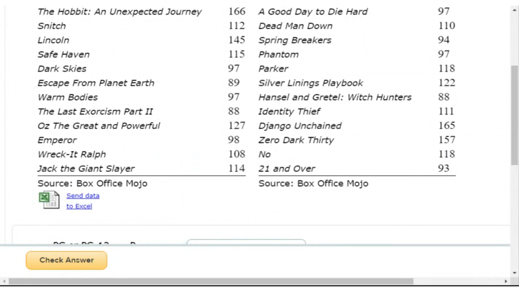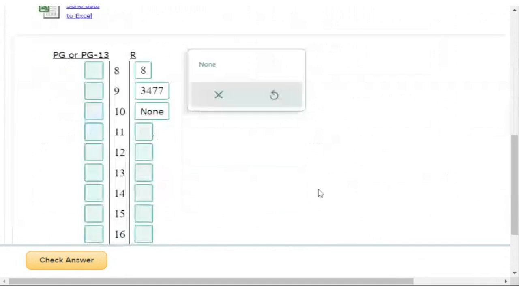All right, so this would be 0, 1. Hold on a second. 8, 8, and I think that's it. It's 2 8s.